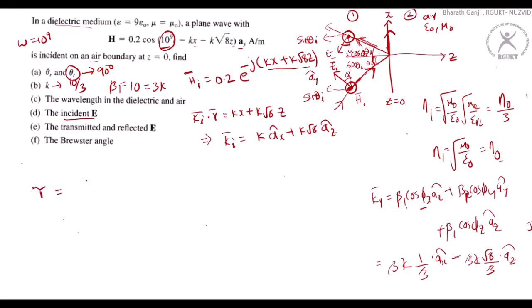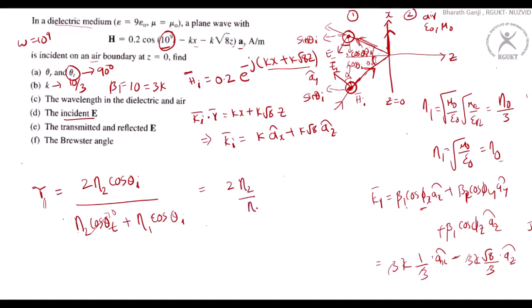So the transmission coefficient is 2 times eta 2 times cos theta I, divided by eta 2 cos theta t plus eta 1 cos theta I. This is for parallel polarization, right? In this, if I put theta t as 90 degrees, this factor goes to 0, and I am left with 2 times eta 2 by eta 1, because cos theta I cancels out.